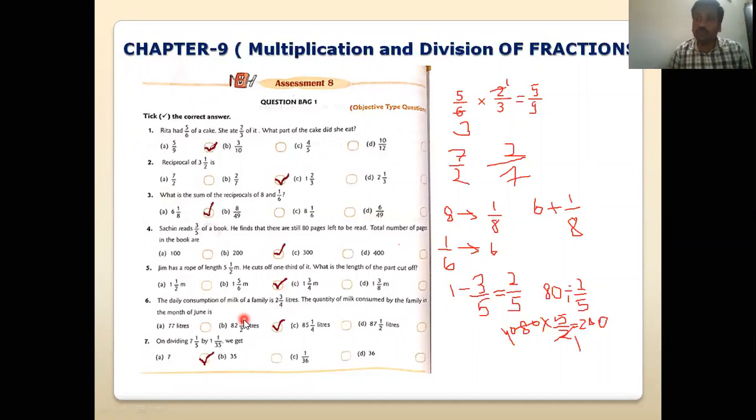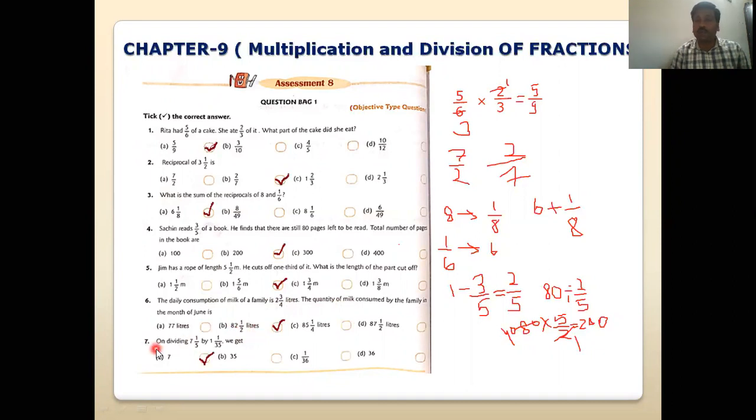How many days in June? June has 30 days. Now, when we multiply 2 whole 3 by 4 into the 30, we get 82 whole 1 by 2 liters. Okay, boys?